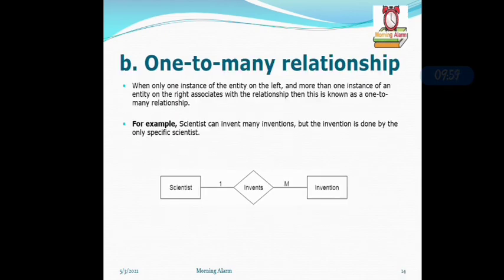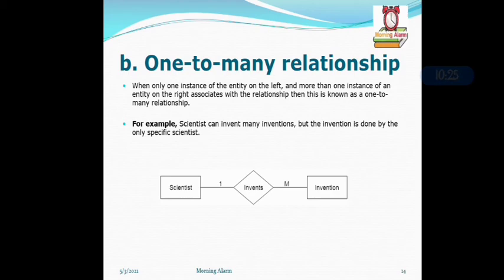Second one is one-to-many relationship. When only one instance of the entity on the left and more than one instance of an entity on the right associates with the relationship, then this is known as one-to-many relationship. For example, a scientist can invent many inventions, but an invention is done by only one specific scientist.